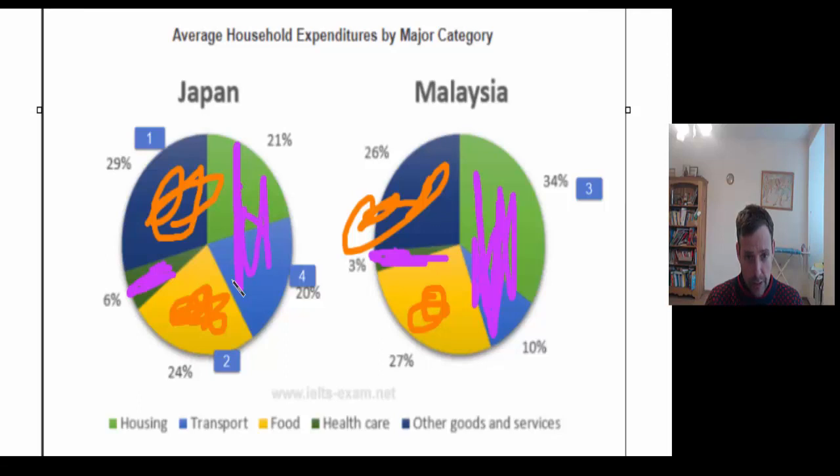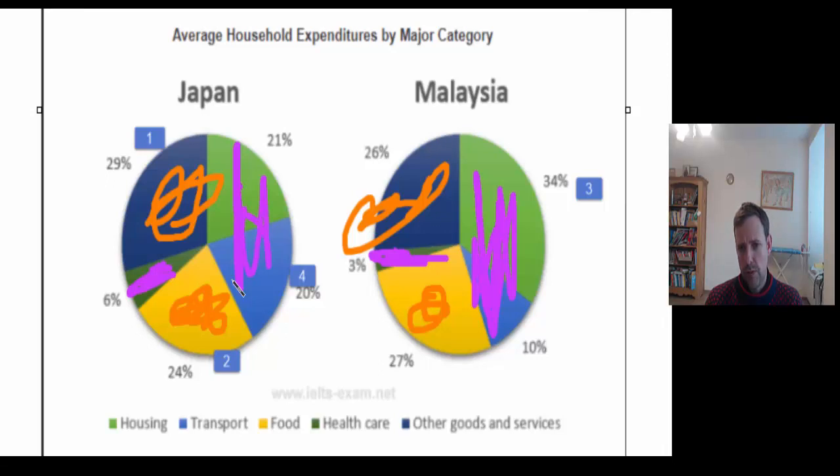Like, you could say in Japan, housing and transport stood at almost equal amounts of 21%. Well, food was slightly more at 24%.